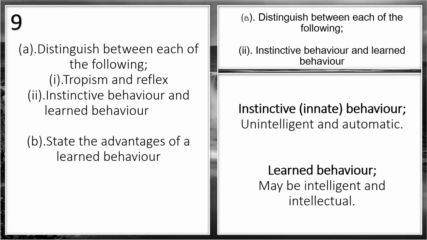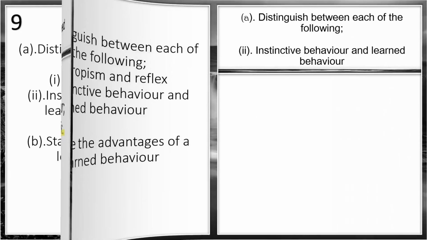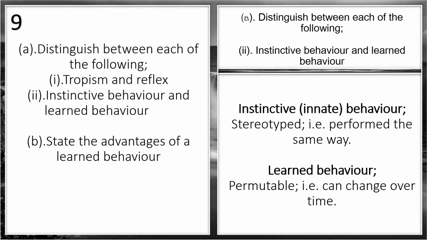Instinctive behavior is unintelligent and automatic. Learned behavior may be intelligent and intellectual. Instinctive behavior is stereotyped. It is performed in the same way.